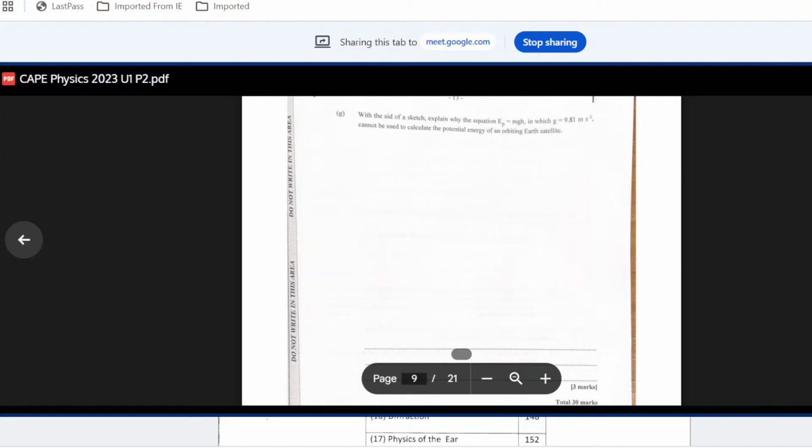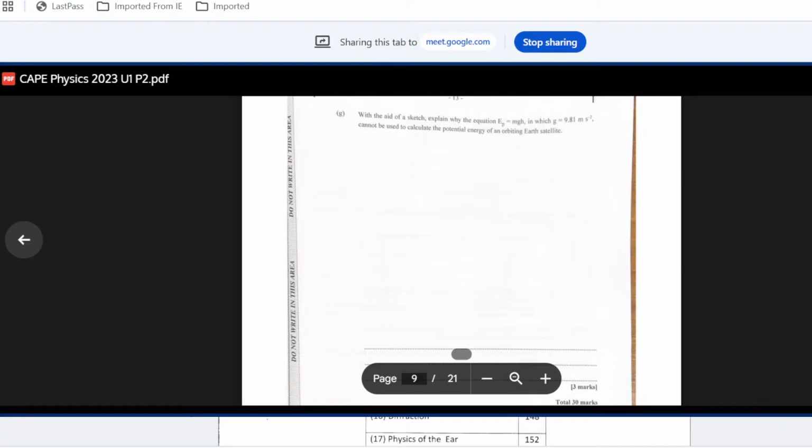So the sketch, that is about a difference in the distance, as the distance is not the same from the center of the Earth to the Earth's surface, and the center of the Earth to however far the orbit of the satellite is.